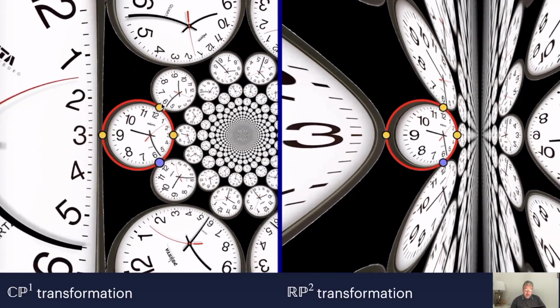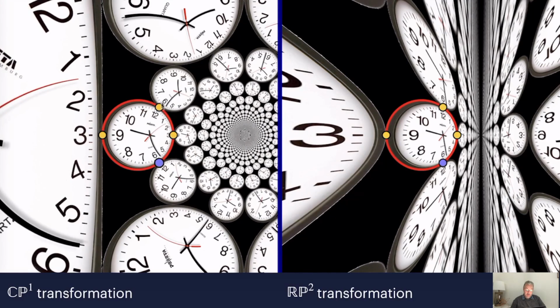So let me move on with the journey that I'm doing here and go to an even more extreme situation. One thing I want to show you is that it may even happen that you get straight lines in your picture. So a circle may be mapped to a straight line here.